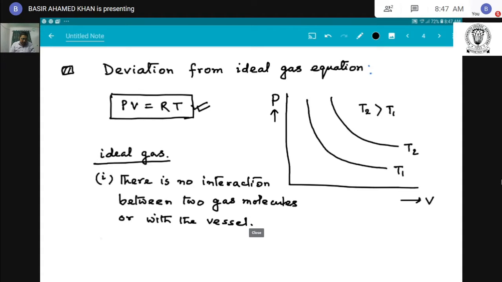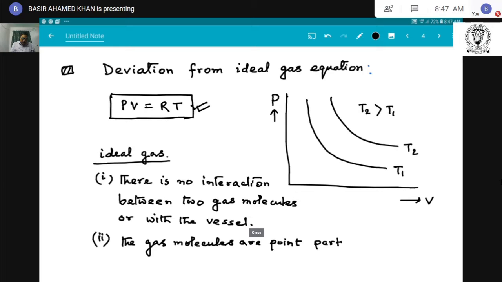And the next point is that for ideal gas, we assume the gas molecules are point particles. That is, they have no volume, they occupy no volume.